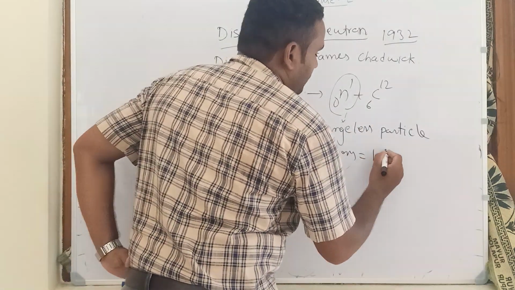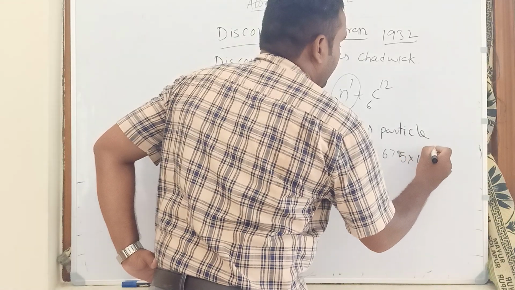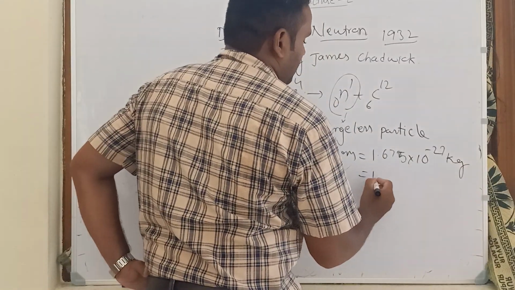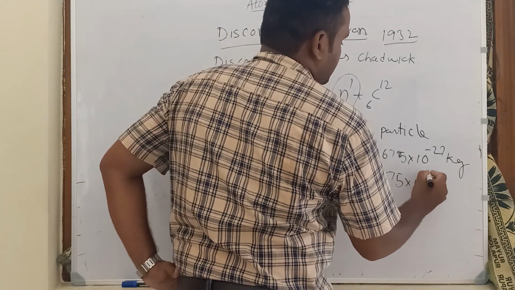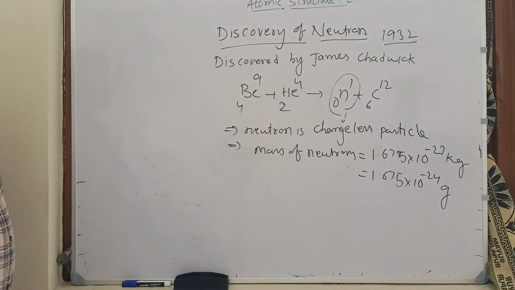Its mass is 1.675 × 10^-27 kilograms, or 1.675 × 10^-24 grams. So this is about the neutron.